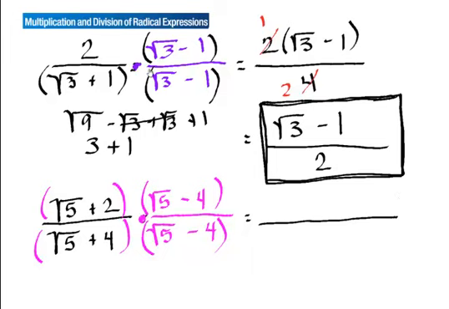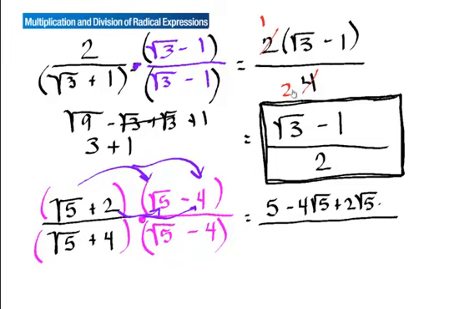Square root of 5 times the square root of 5. I'm going to be doing this and then this. So let's write down what I have. Square root of 5 times the square root of 5 is square root of 25, which is 5, minus 4 square roots of 5, using everything that we've learned so far, plus 2 square roots of 5, minus 8.